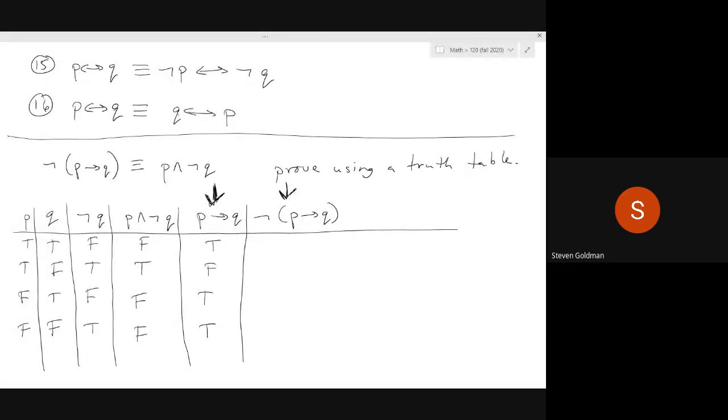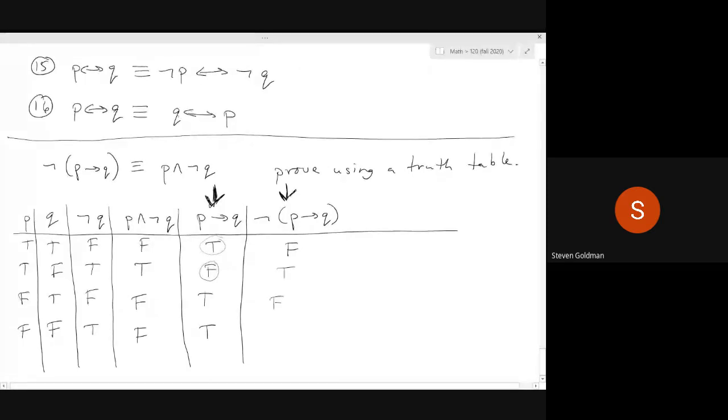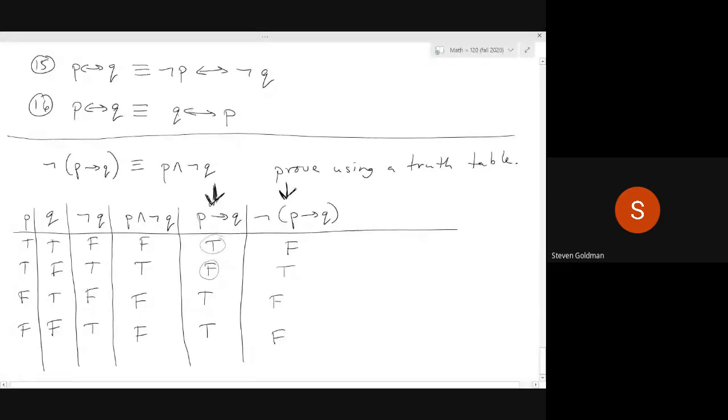In the first row, if P then Q is true, so its negated statement will be false. The next one is false, so the negated statement will be true, and then false, and then false.